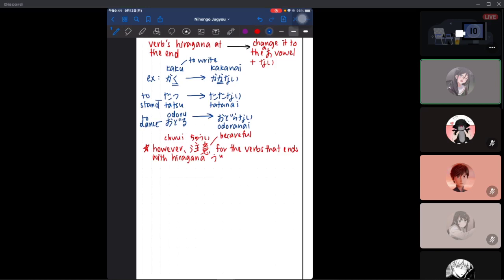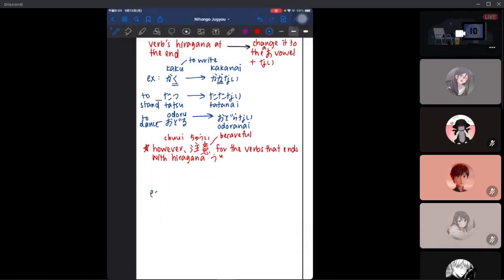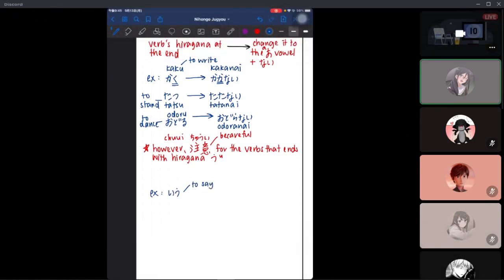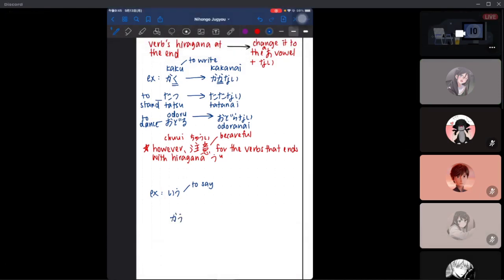It is for words like, for example, iu, which means to say or to speak, or kau, which means to buy.